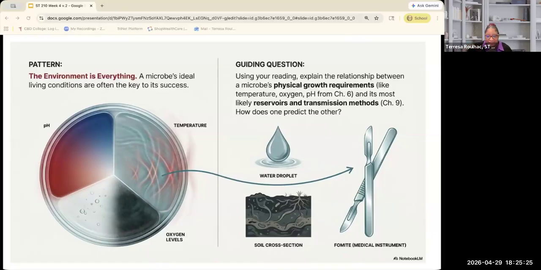As CSTs, we don't just clean the instruments, we interrupt environmental matches. We're changing the temperature exposure, oxygen availability, and moisture levels. And that's how infection prevention actually works. Microbes don't just spread randomly, they spread where the environment lets them win.